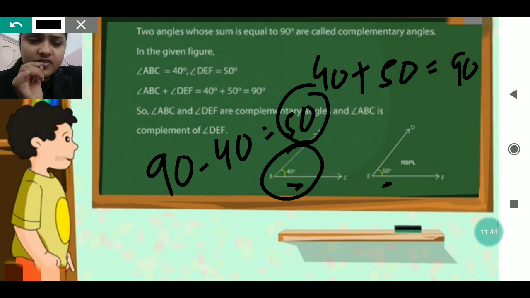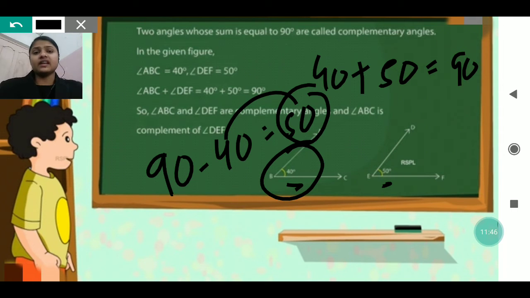It means if we add this 50 degrees to this 40 degrees, we get 90 degrees, and like this we measure the complementary angles. Basically, complementary angles are those where the sum of the two angles is 90 degrees, and if the sum of two angles is 180 degrees, it is supplementary. Okay.